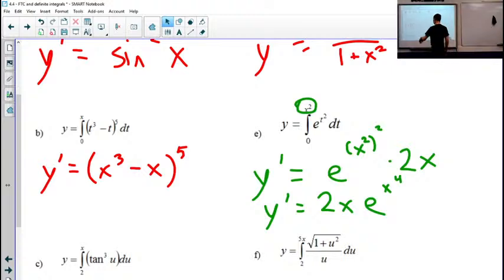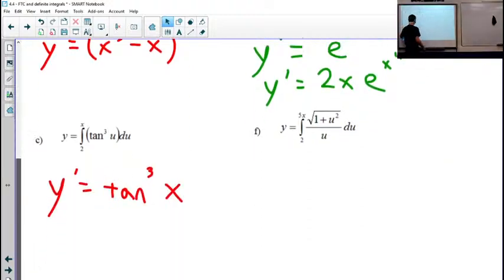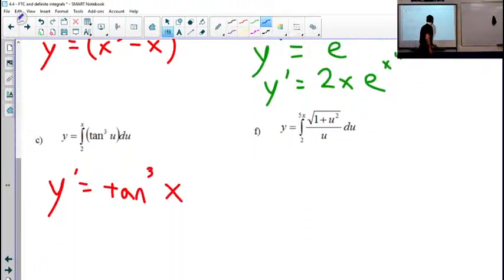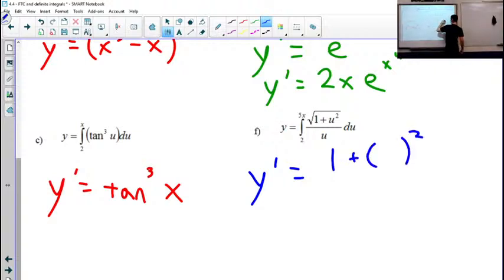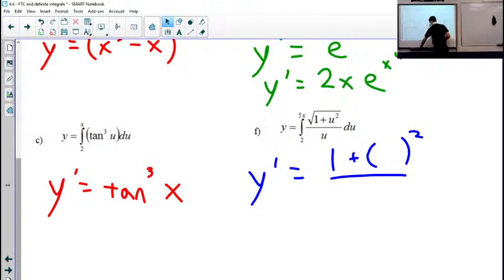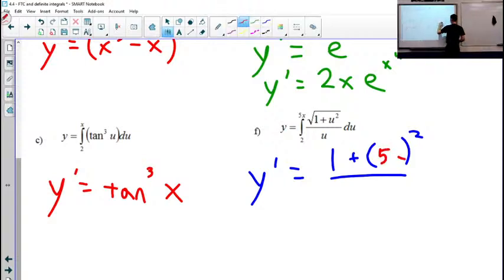Next one. Derivative of the integral, except instead of u, I'm going to put what? 5x. And we're using 5x because it was this upper bound.